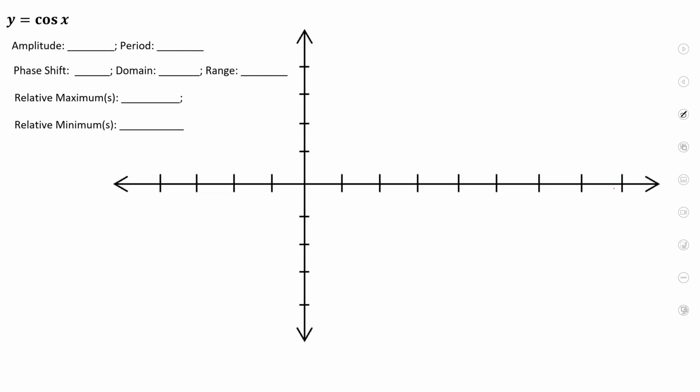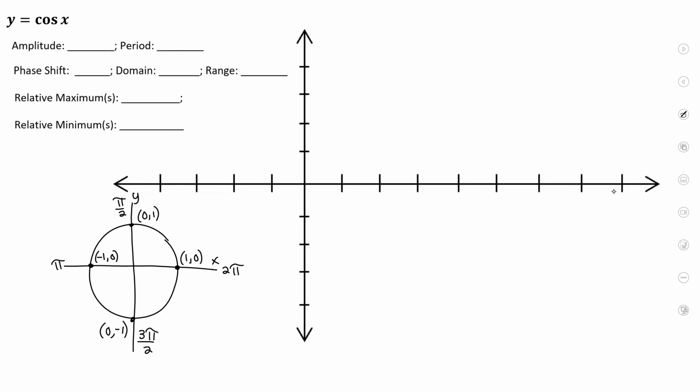Okay, using your knowledge of the unit circle, you guys are now going to graph the cosine function. Ready, go. Try. All right, let's see if you got it. So I'm going to do 0, pi over 2, pi, 3 pi over 2, and 2 pi.